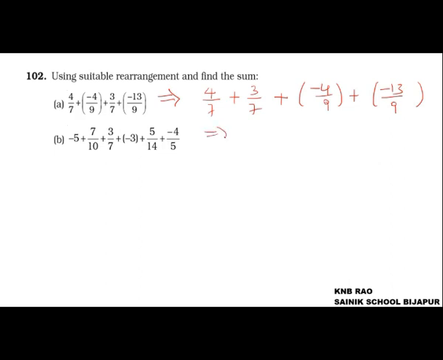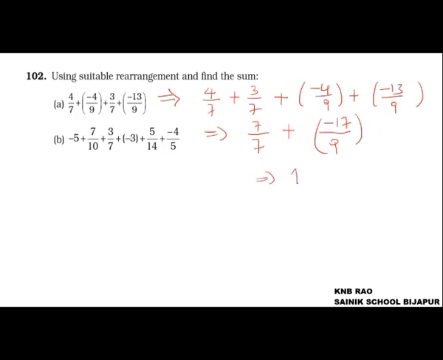Now 4 by 7 and 3 by 7 are easy to add, giving 7 by 7. Minus 4 by 9 and minus 13 by 9 can be added easily because they are again rational numbers with the same denominator.